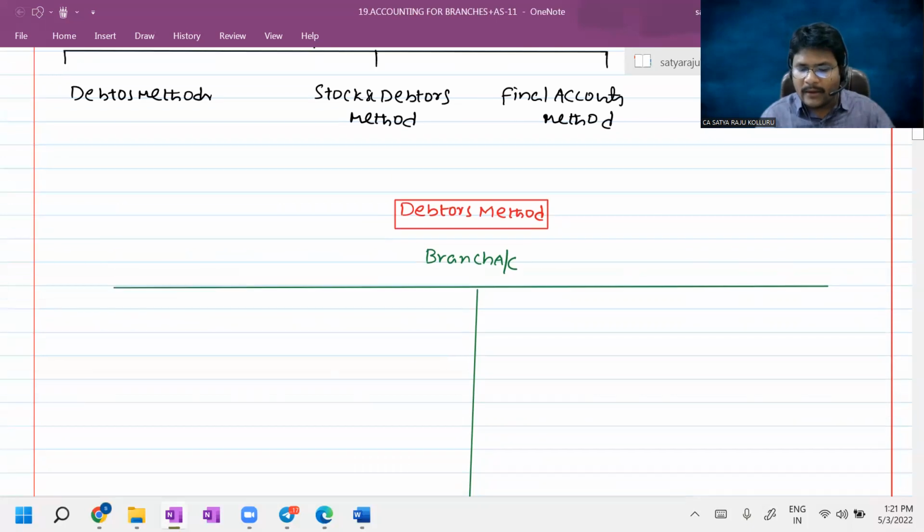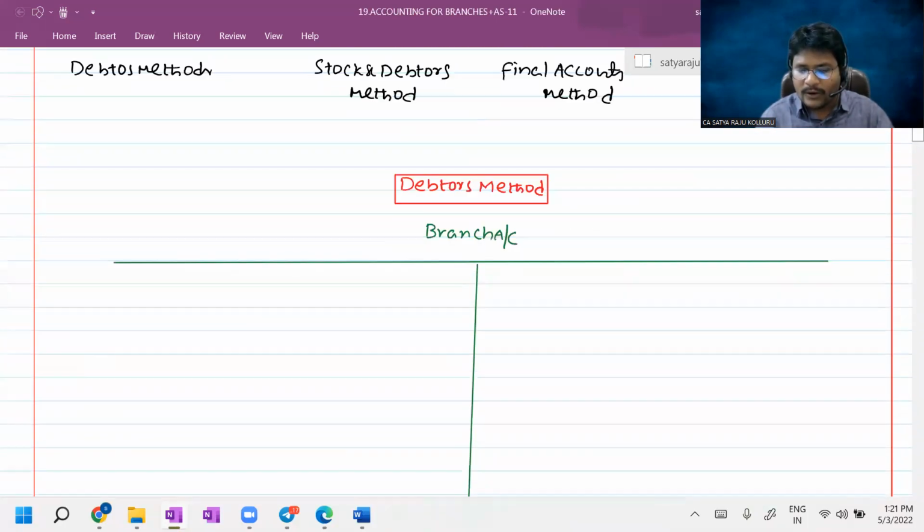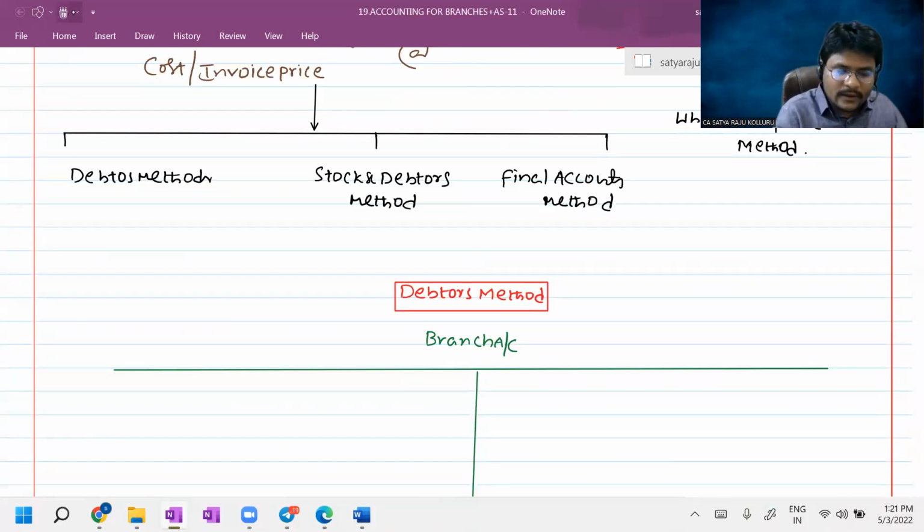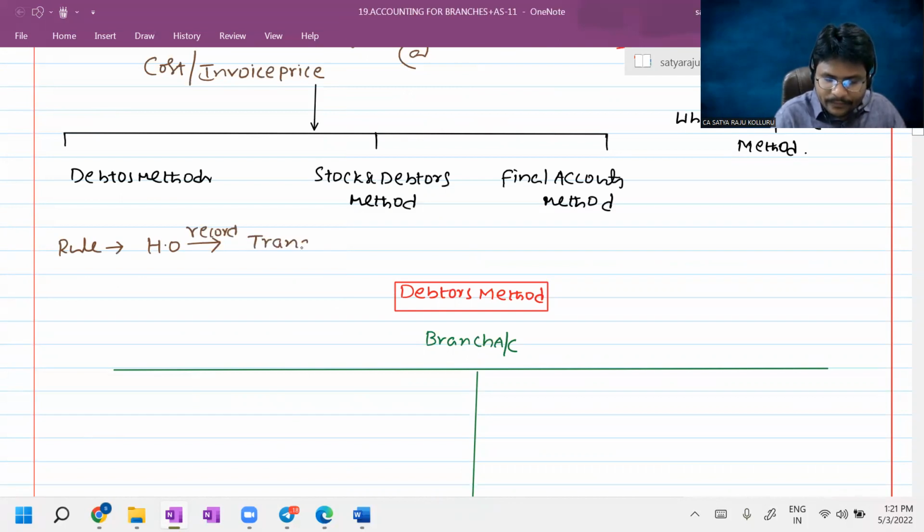One more time, I'm explaining this point. This is very much important. I'm writing this as well. Please concentrate. The basic rule of the debtors method is head office is going to record transactions occurred in between head office and branch only.